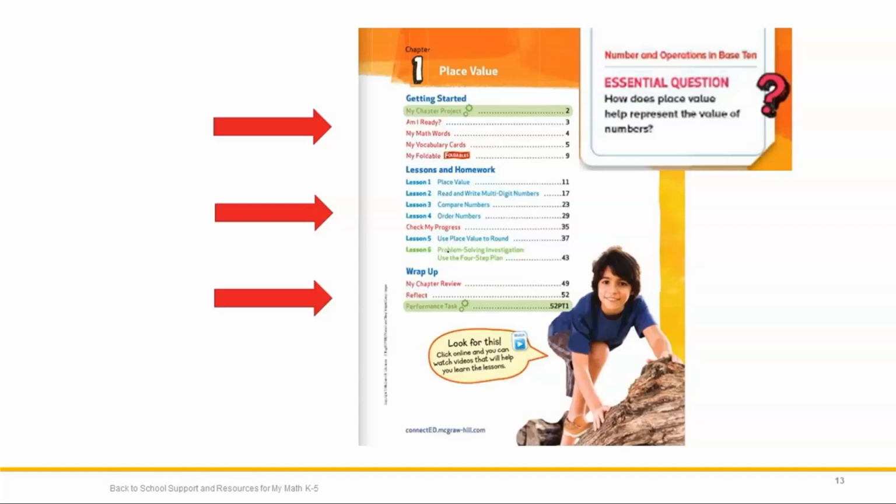So as you can see here in place value, how does place value help represent the value of numbers? By the time my students get to the end of that chapter, they should be able to answer that essential question. The assessment revolves around their ability to answer that essential question.